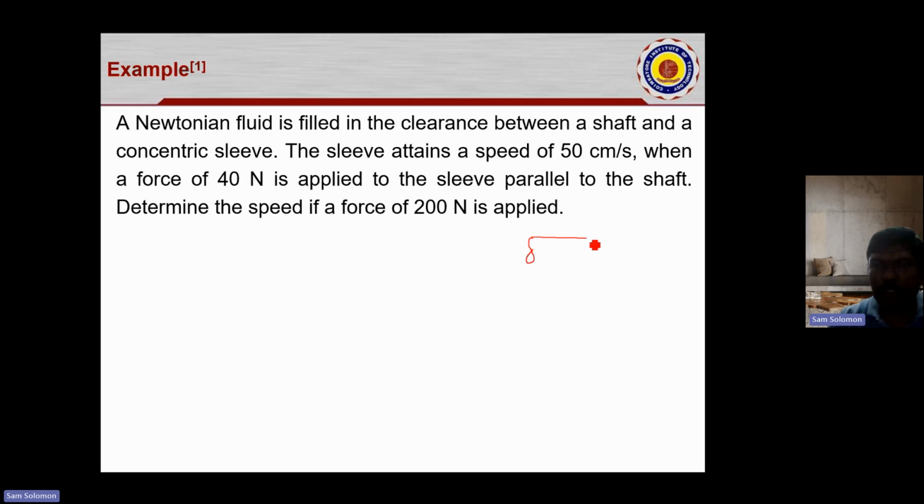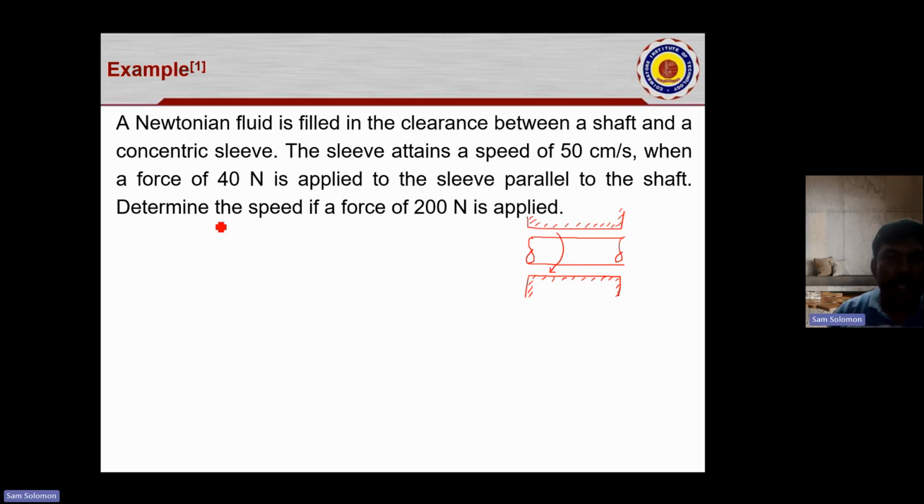So you have got a shaft, and then you have got this shaft between two sleeves. So this shaft is going to be rotating and this sleeve is going to be stationary.